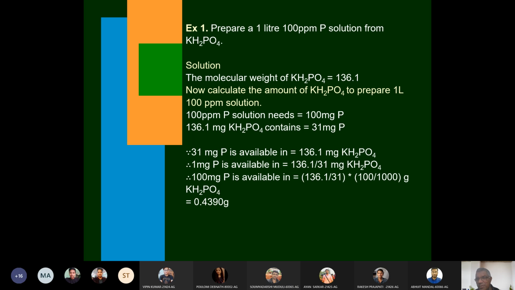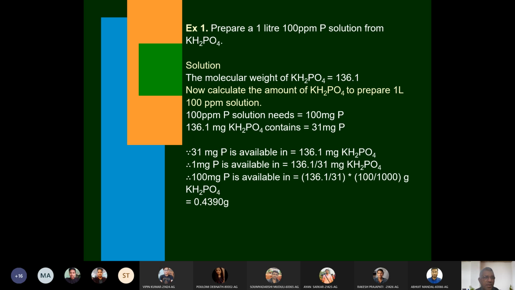I think all of you know how to total these weights and calculate the formula weight. 1 K is there, so that is 39, plus H is 1 into 2, which is 2. P is 31 point something, take it as 31. And O is 16 into 4, which is 64. Make the total of all, and it becomes 136.1. So in this case, your phosphorus is 31.